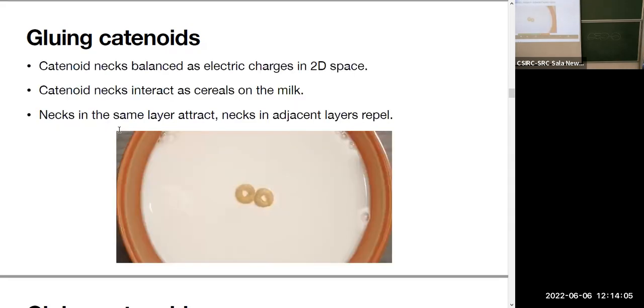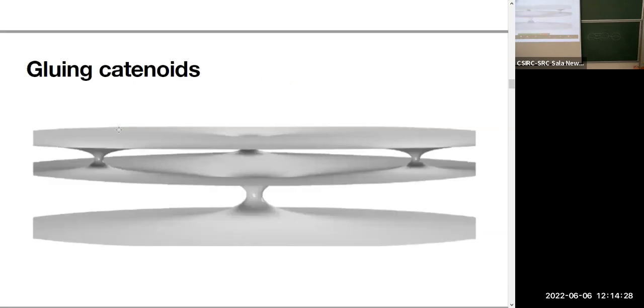So the balance condition only involves the position of these singular points in the Riemann sphere. And instead of giving you a formula like last time, I will say that the balance condition is exactly the same as the cereals on the milk. What does cereal do?